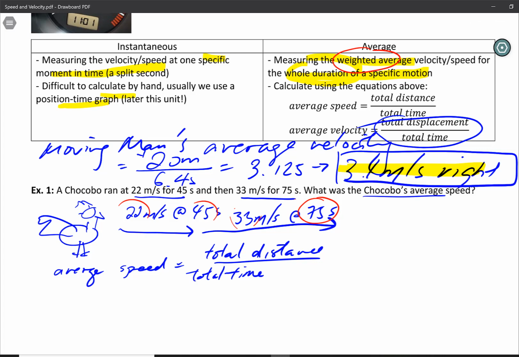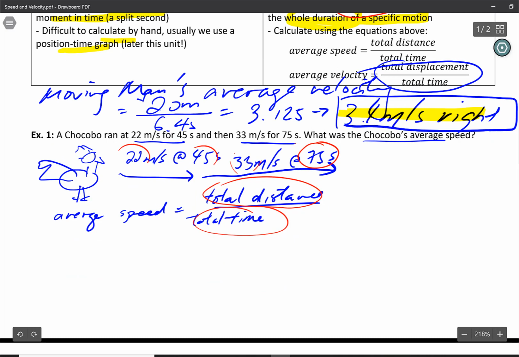If we try to take the plain average, it doesn't work that way because the time weighting is different. It's like how your quizzes are weighted much less than your tests. So you can't just take the average of the two numbers. It's much easier to do the total distance over the total time. So that's something to be careful of.